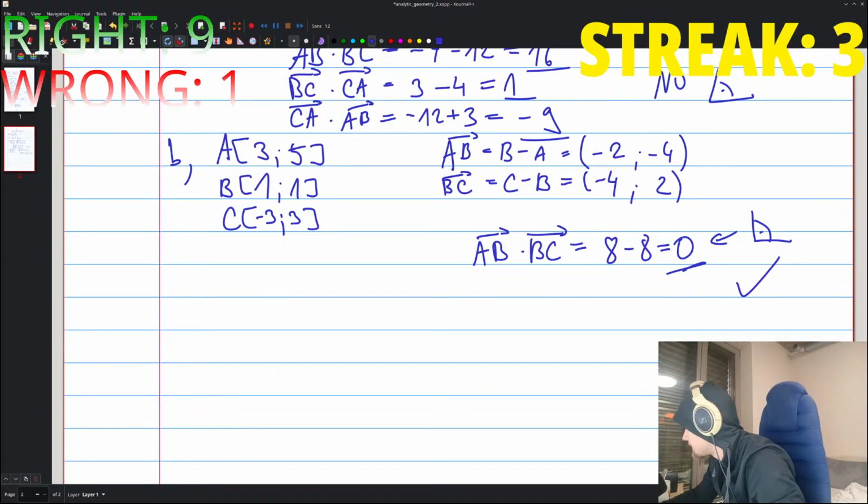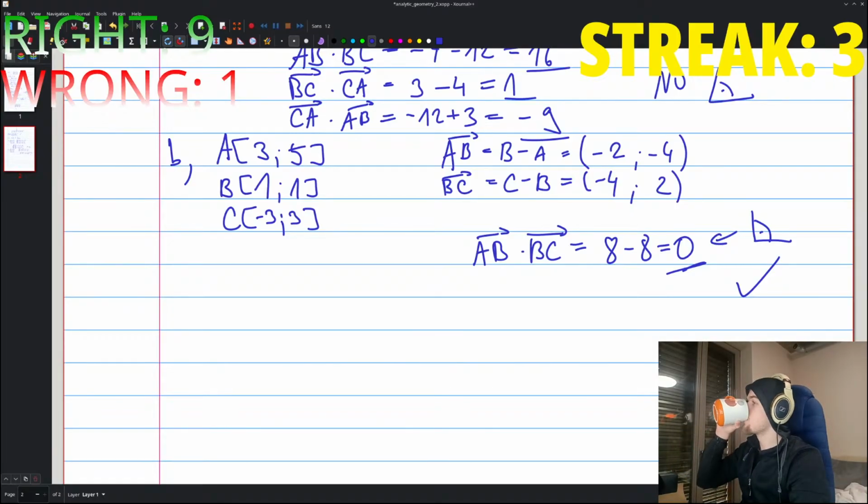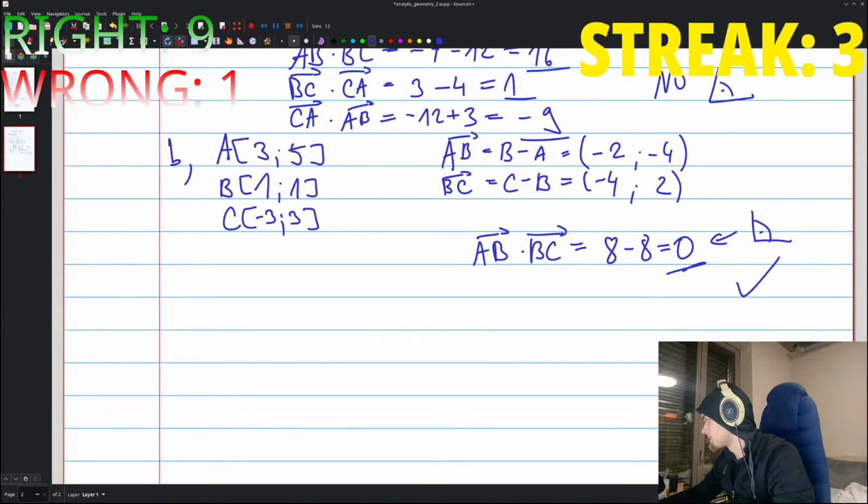So that's all for like distances and shit. Now we are getting to the general equation of a line. Also known as linear equation. Oh, no, it's not. That's something different.